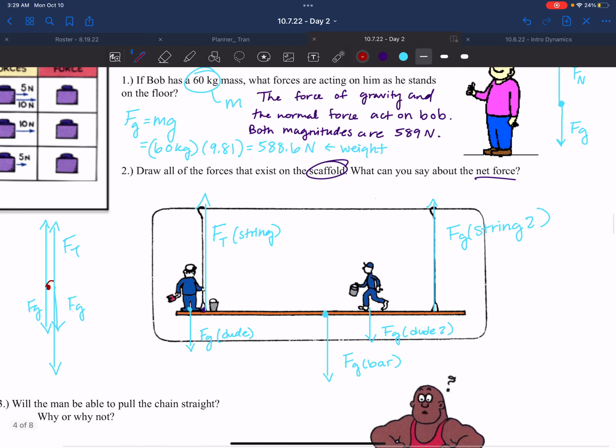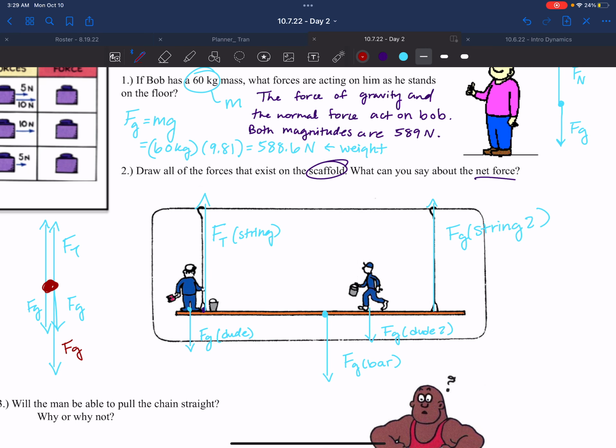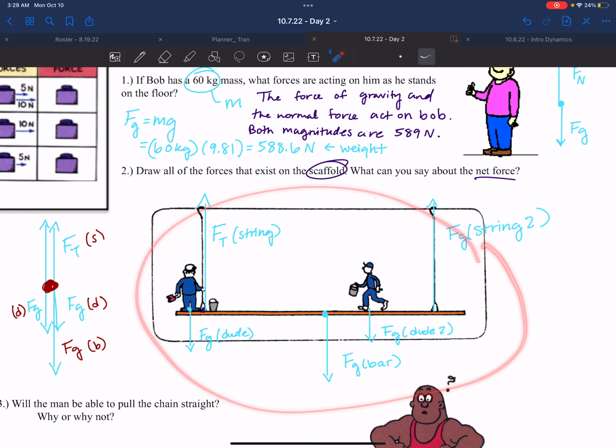It's probably not looking the most gorgeous. So this dot is going to encompass all of these forces. And I would just label it dude, bar, and string. So as a whole, this would be the free body diagram for the entire thing. But as we can see here, these are where all of these forces will originate.